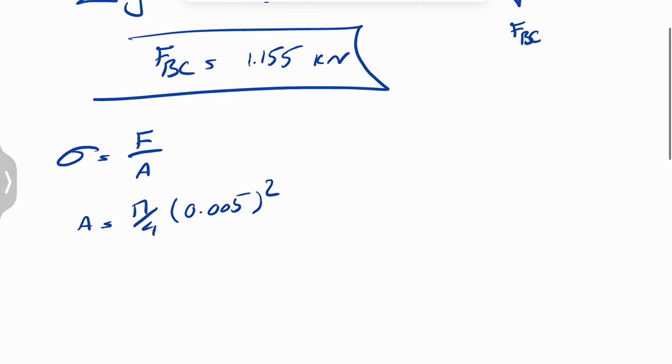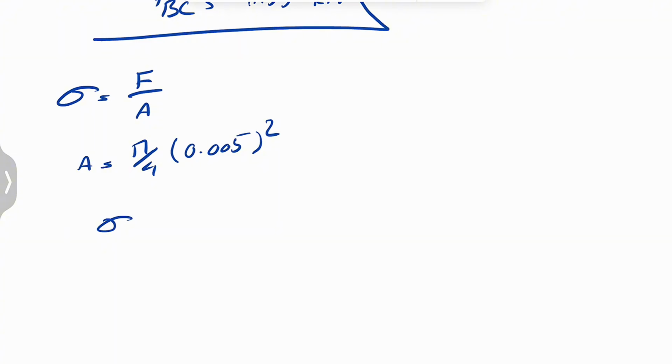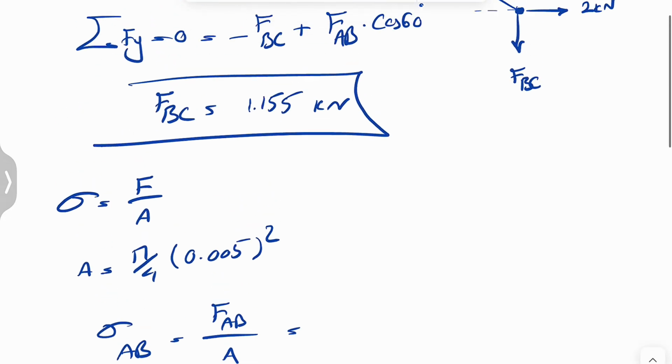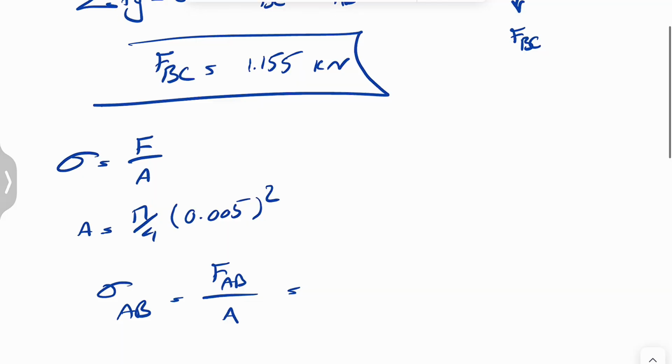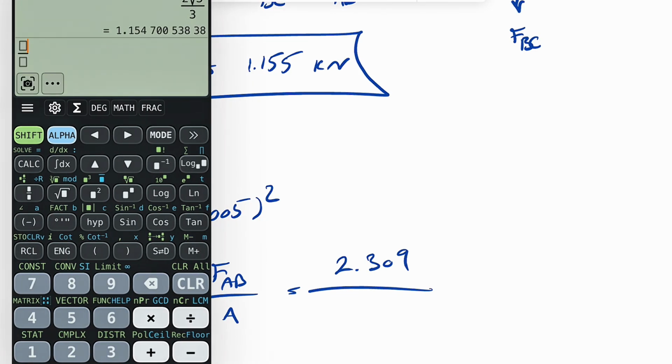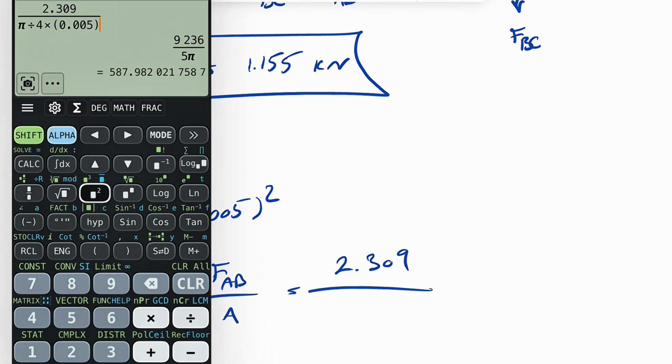So let's calculate the stress in AB first. It will be FAB over the area, because the area is the same for both, so I'm just going to put A. FAB we figured is 2.309, and we have pi divided by 4 times 0.005 squared.